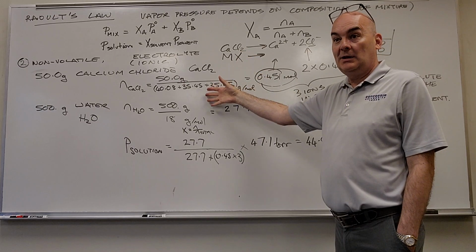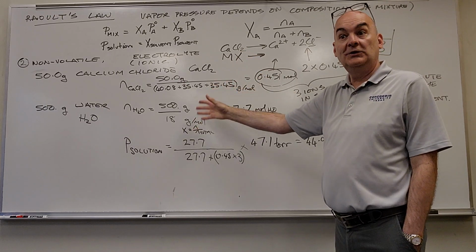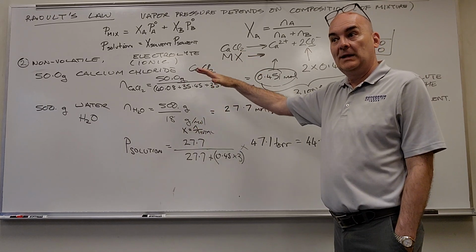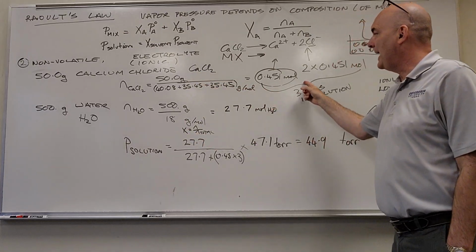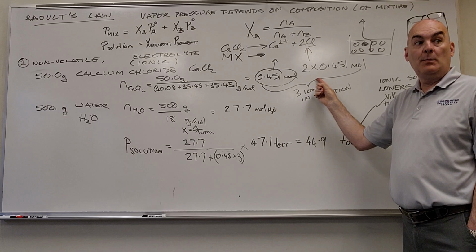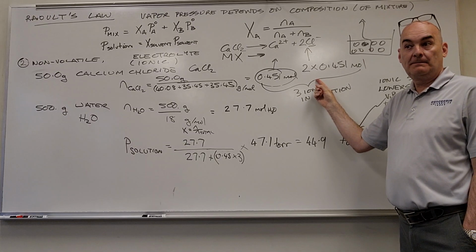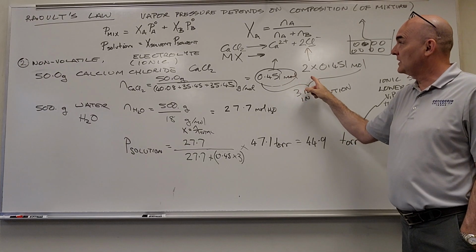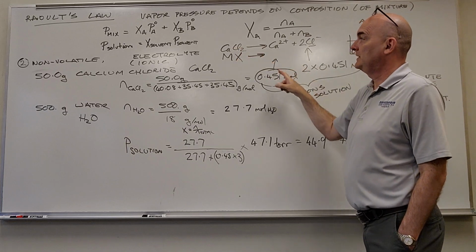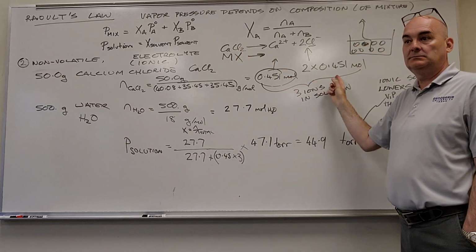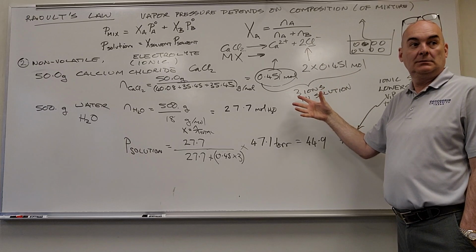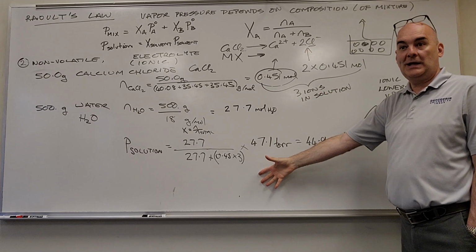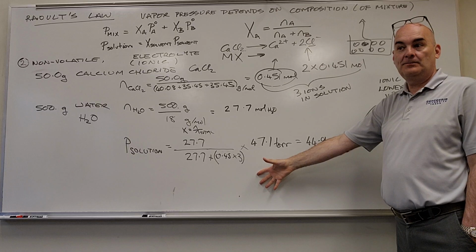When you add an ionic contaminant to water, you're going to change its vapor pressure. That vapor pressure change depends on mole amount. If I switch this from being calcium chloride to being calcium bromide, it's still the same number of moles. The numbers still work out the same way, okay?